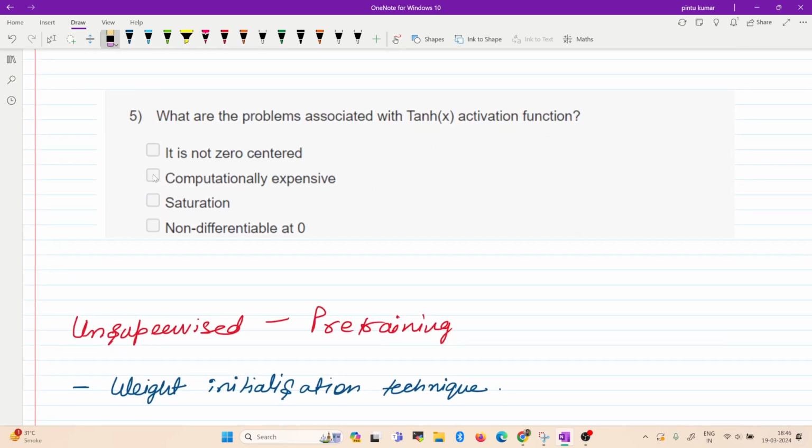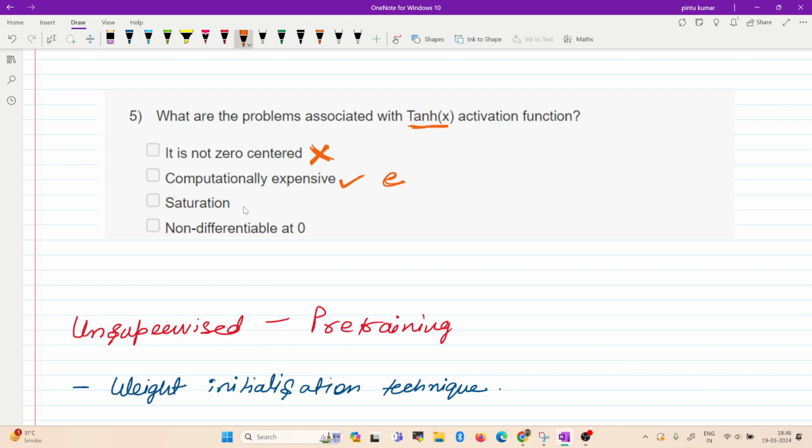Okay, so next is what are the problems associated with the tanh function? As I mentioned, tanh is an extension of the sigmoid function where you make your function zero centered. So tanh is in fact zero centered, and this option is incorrect. It is also computationally expensive because it involves an exponential.